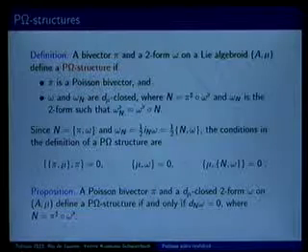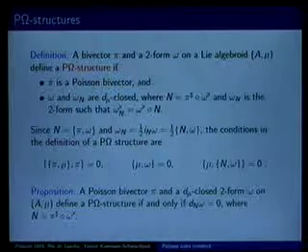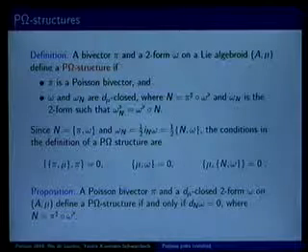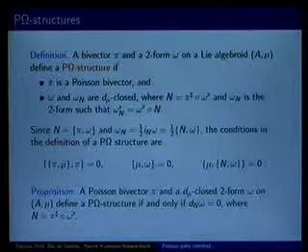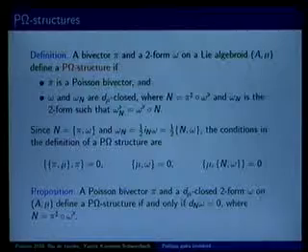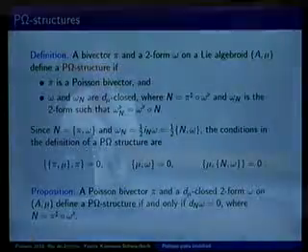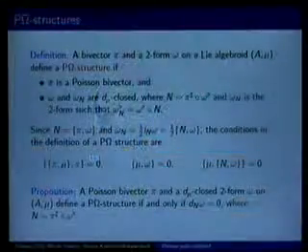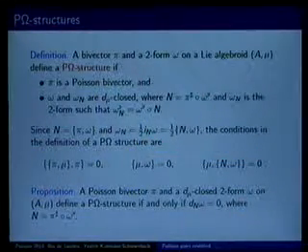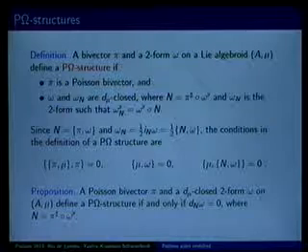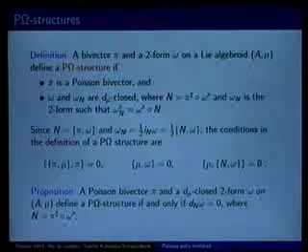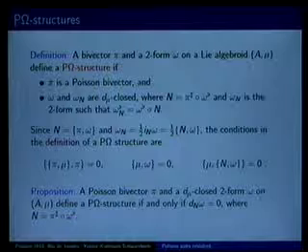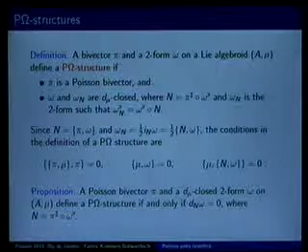So it's a Poisson bivector, and then you have a two-form which is closed. That's omega. So you start from a pi and an omega, but then you want a compatibility condition, and the compatibility condition is expressed by the fact that if you define n by combining your pi with your omega, and then you define a new 2-form by combining it with this n, then this new 2-form has to be closed also.